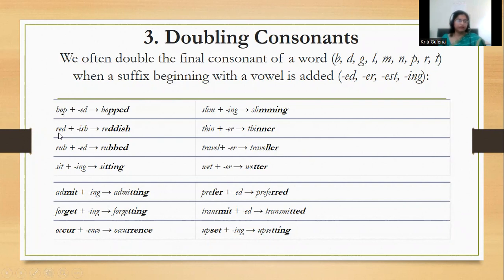Similarly, red is a color, and if we have to make the word reddish, ish is a suffix which is to be added, and ish starts with a vowel, that is i. So d, the last consonant of this word, will be doubled. So reddish, R-E-D-D-I-S-H. Clear? Similarly, rub will become rubbed, will double b, R-U-B-B-E-D.